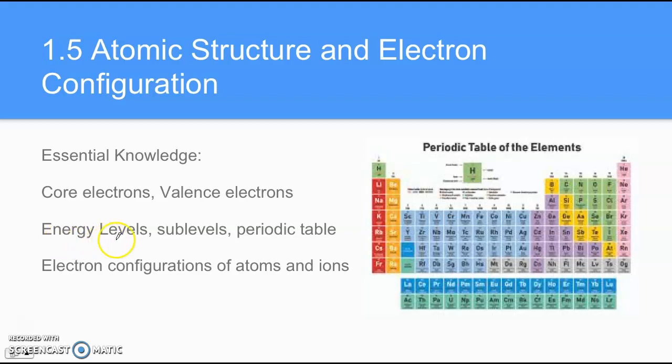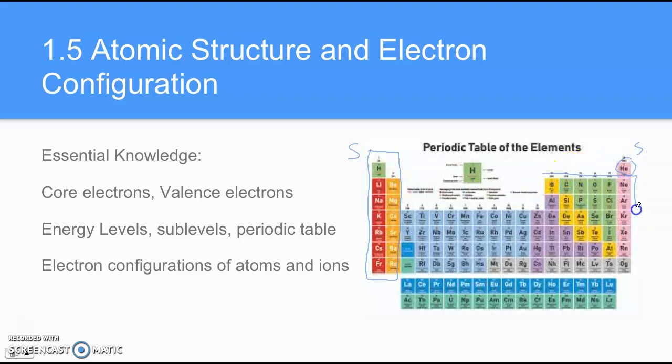And then you also want to know about energy levels and sublevels and how we can get that from the periodic table. The energy level is essentially just the row on the periodic table. A sublevel refers to S, P, D, or F, so the different blocks on the periodic table. These first two columns right here are your S block, and helium is part of that S block also.